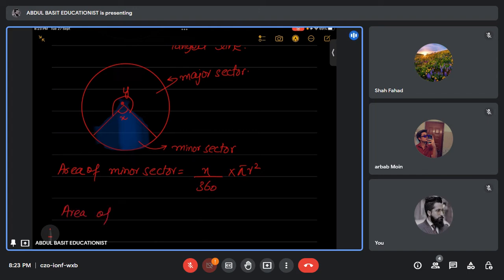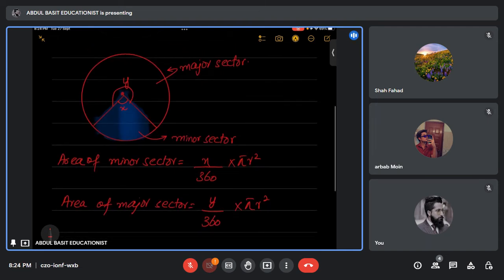For the area of the major sector, which is the larger one and is also a part of the circle, we use the same formula: y by 360 times pi r squared. It depends on the size of the angle.